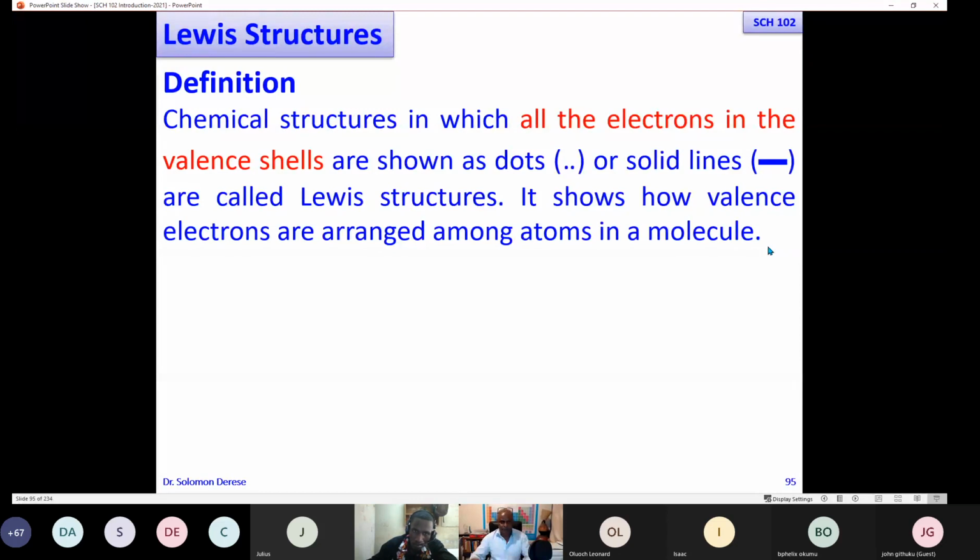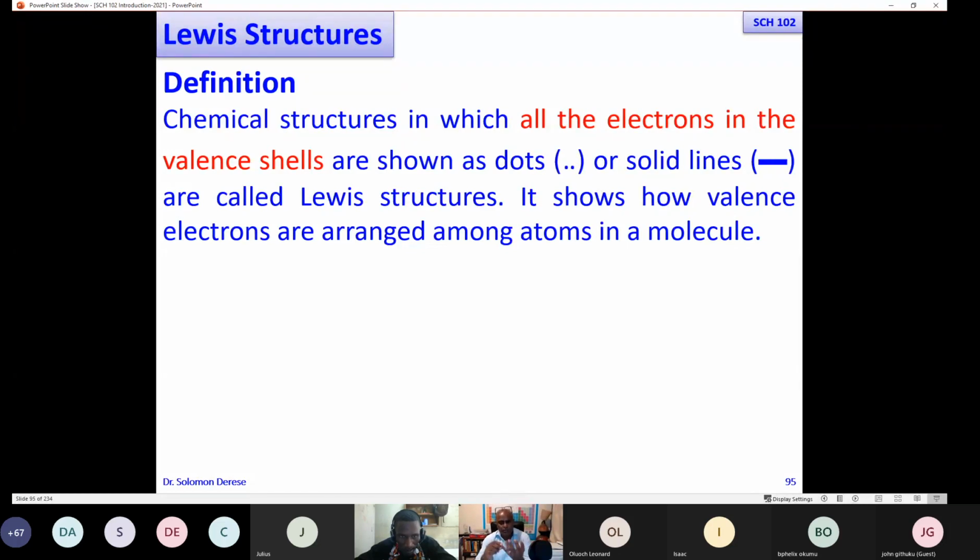For example, when you form a molecule of water, H2O, there's going to be chemical bonding between the 2 hydrogens and the oxygen. When hydrogen and oxygen form a chemical bond with one another, the electrons that are going to be involved are only the valence electrons.